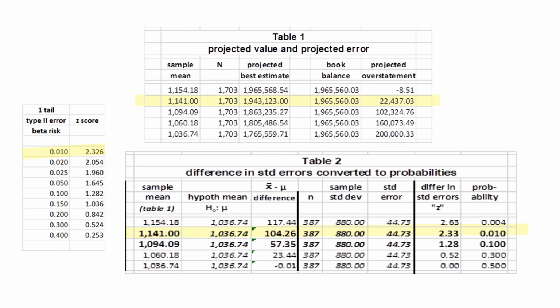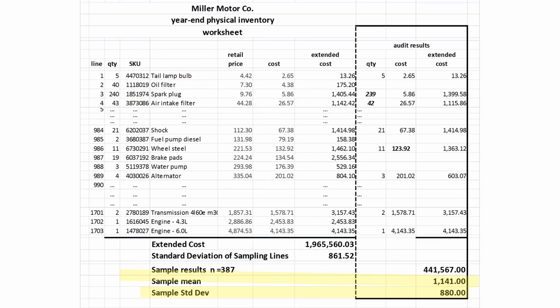Then we can look on the table to the left and say, gosh, if the average inventory balance truly were 1036, the probability of getting a sample with a sample mean 2.33 standard deviations greater than 1036 would be 0.01, 1%. So we're really comfortable. Okay, here's our sample results.